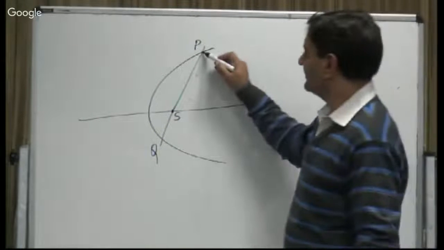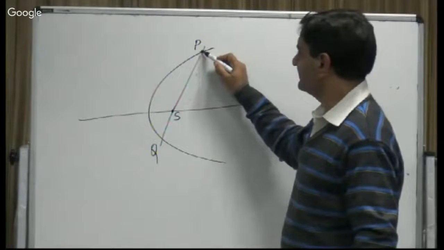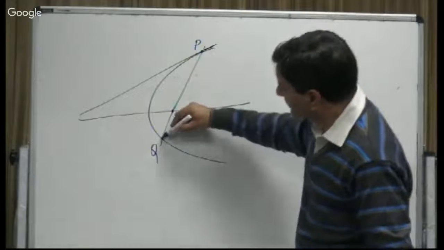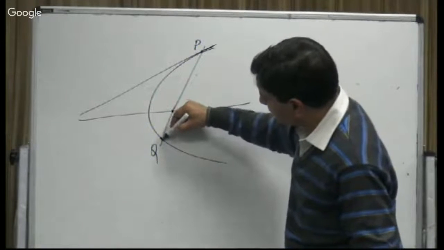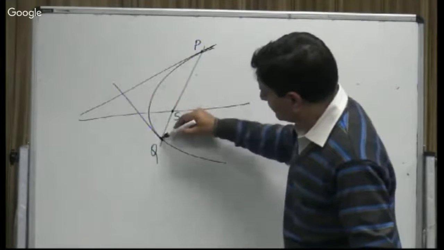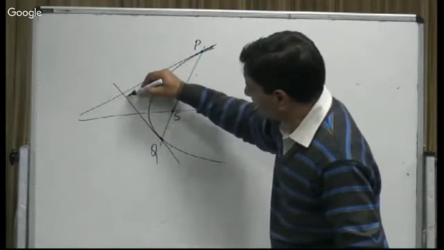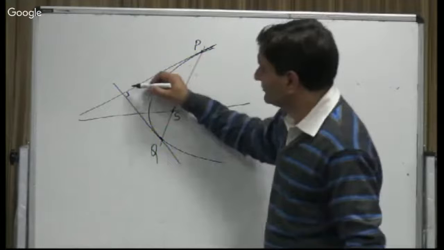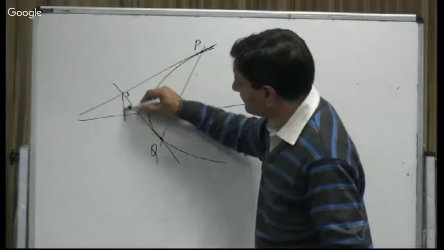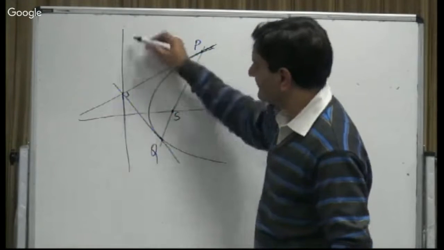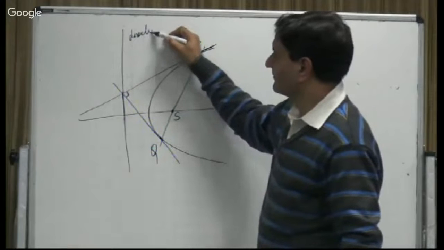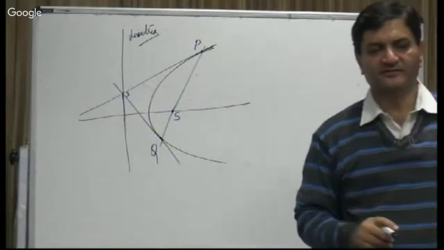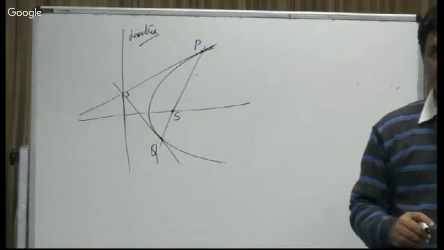You draw a tangent at this point, and you draw a tangent at this point. Right? First of all, these will be perpendicular. And the point of intersection of these two tangents will be on the directrix. This property we will be using later to solve some questions. Is that clear to you?